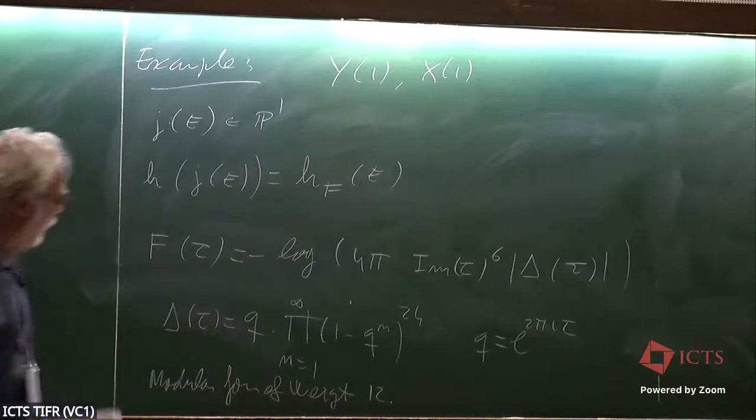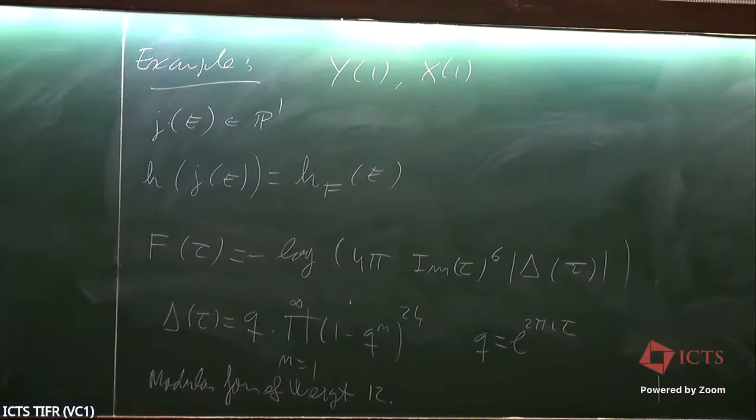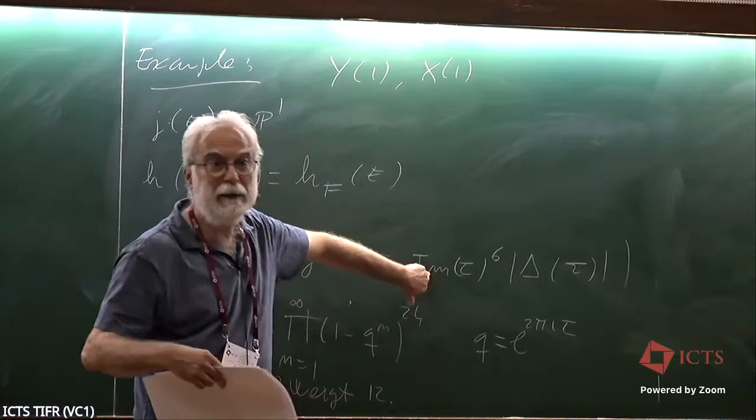Okay. Now, this modular form of weight 12, delta, of course, is not an invariant function. So when I make SL2 Z act on the upper half plane, this will change. But adding these terms here makes it an invariant function.